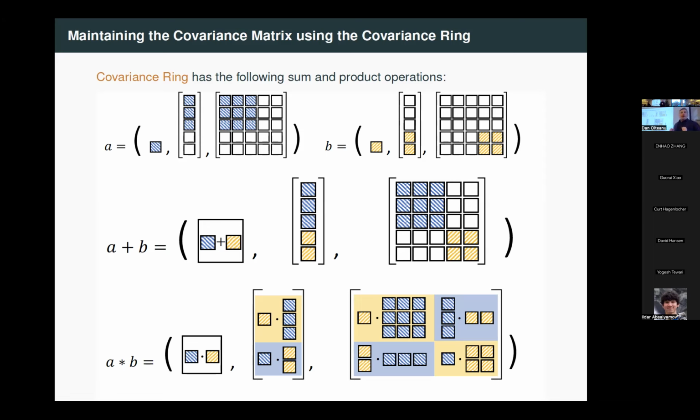So why did we go to the length of doing this sort of ring? Just because it's theoretically pleasing? No, it's because this allows us to define inserts and updates. Let's say you do a change to the input, and that is an insert. That insert, that A, could be represented in such a form, and then you can add it to whatever you computed before.